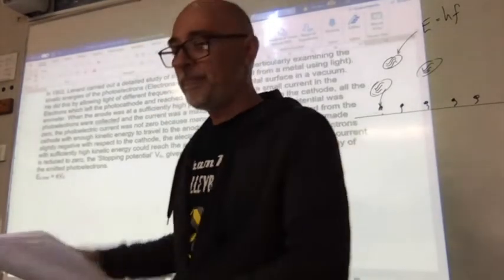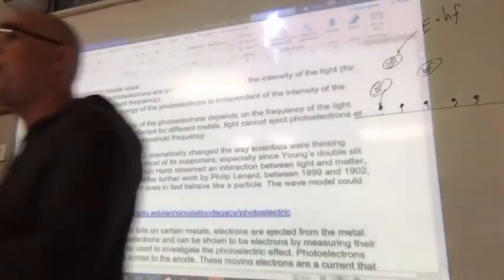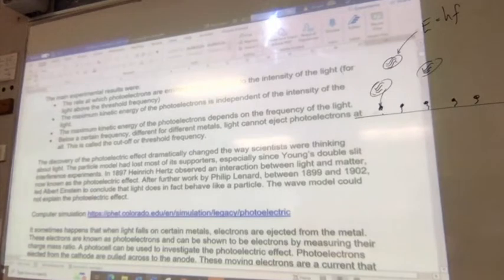Okay. Main experimental results. Let's see. Oh, okay, here we go. The main experimental results. These are the things that get quoted, and I put on your help sheet as well, okay? So you can read through them. The main experimental results were the rate at which photoelectrons are emitted is proportional to the intensity of the light for light above the threshold frequency.